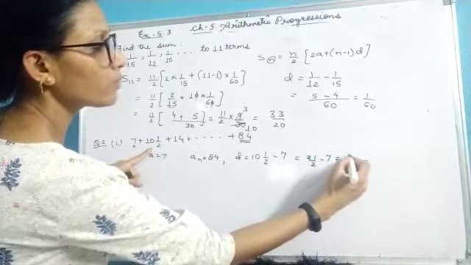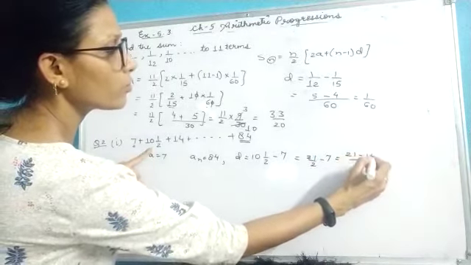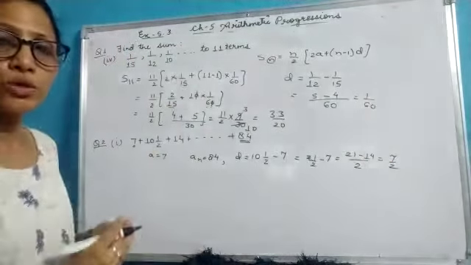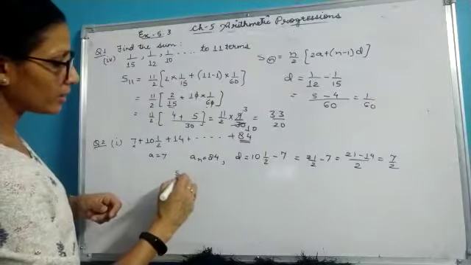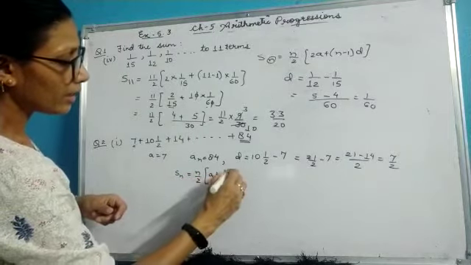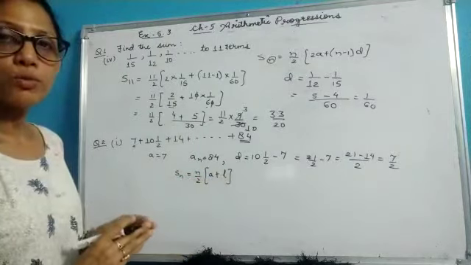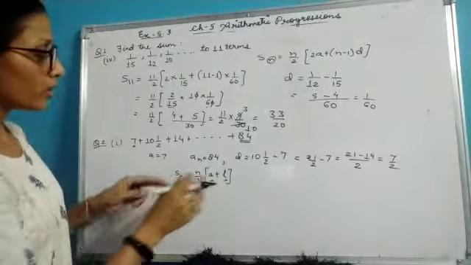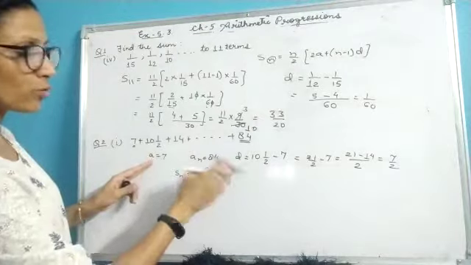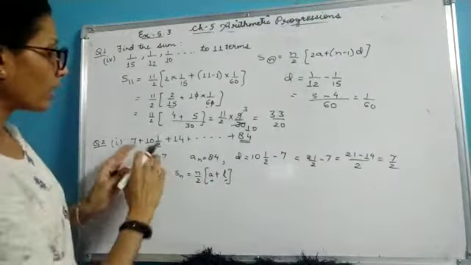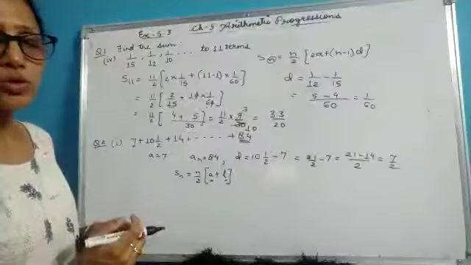Take the LCM, so it will be 21 minus 14 and this will be 7 by 2. Now children, I told you a formula Sn equals n by 2 into (a plus L), and you can apply this formula only when the first and the last number are known to you. So your first and the last number are known to you, but the number of terms is not known to you. How many terms are there? n is not known to you.